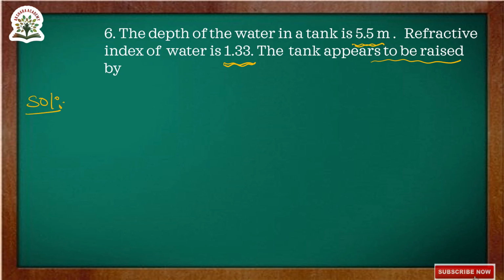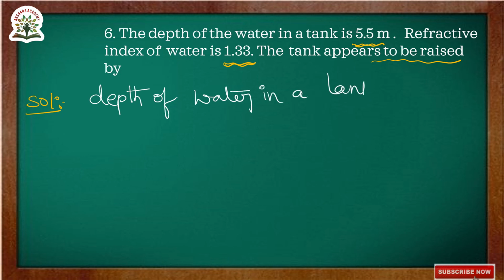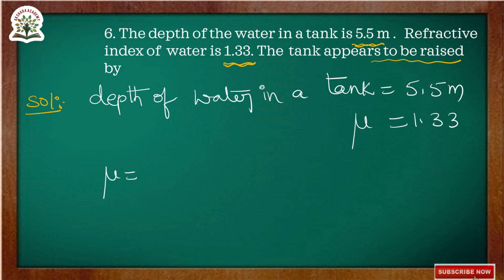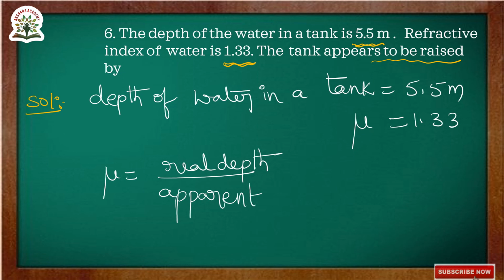Here they given depth of water in a tank is equal to 5.5 meters, and refractive index mu is equal to 1.33. So mu is equal to real depth by apparent depth.